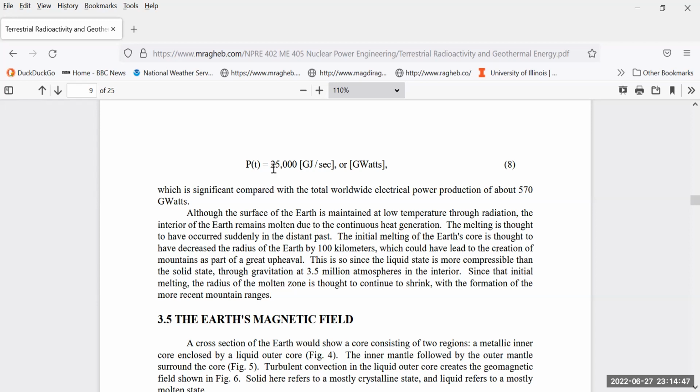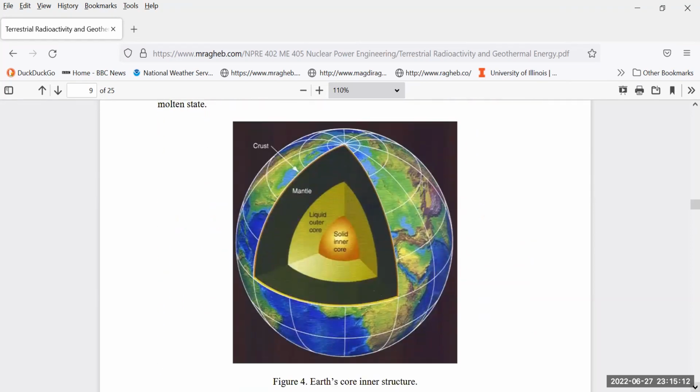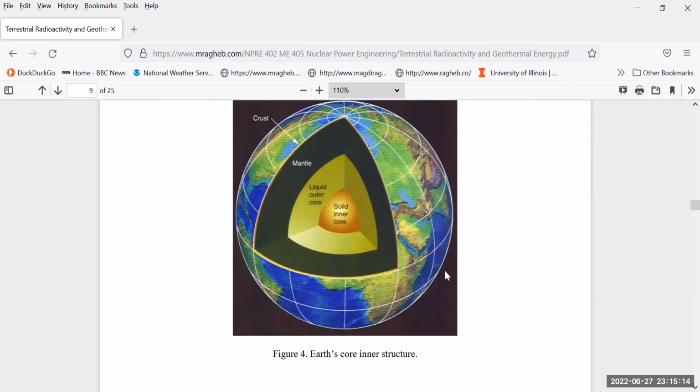If you consider that a typical nuclear power plant has a power of one gigawatt, and one gigawatt is 1,000 megawatts, then that is the equivalent of 25,000 nuclear power plants of power generated inside the Earth. The important aspect of this is that it affects the composition of the Earth.